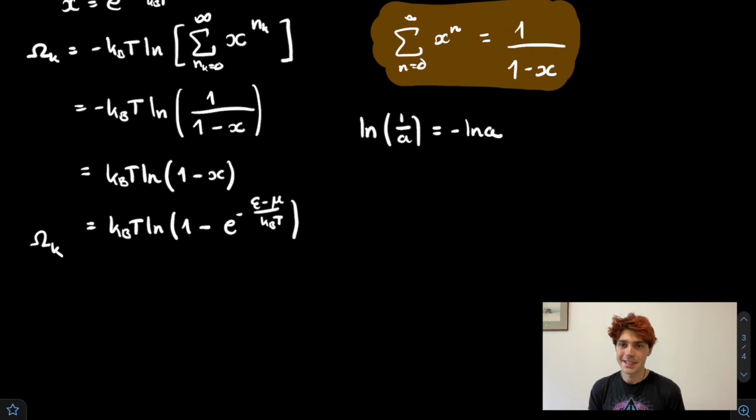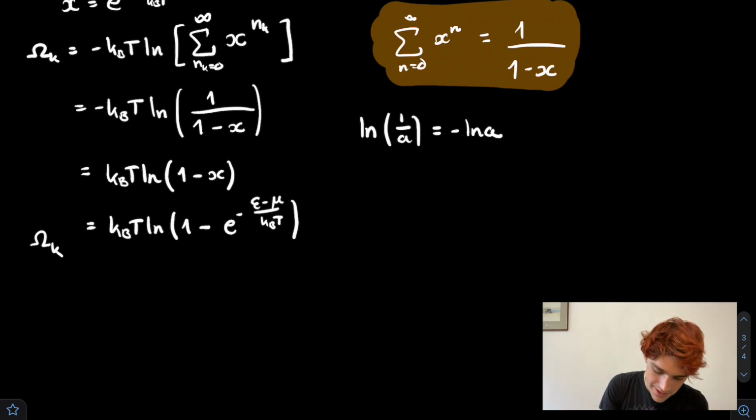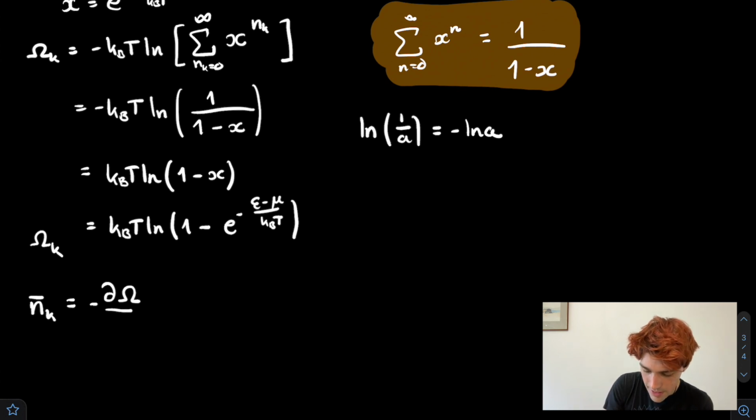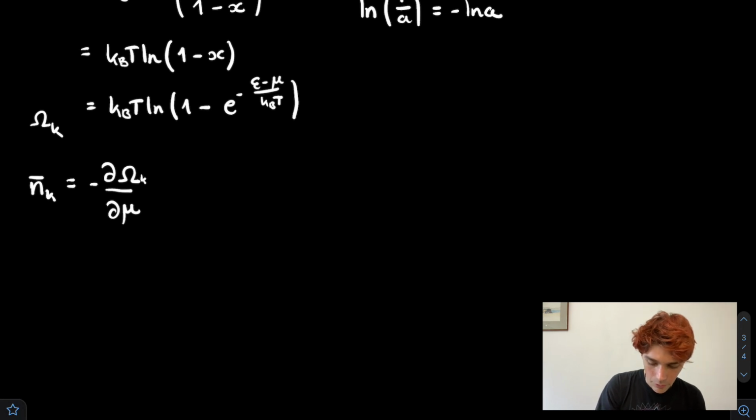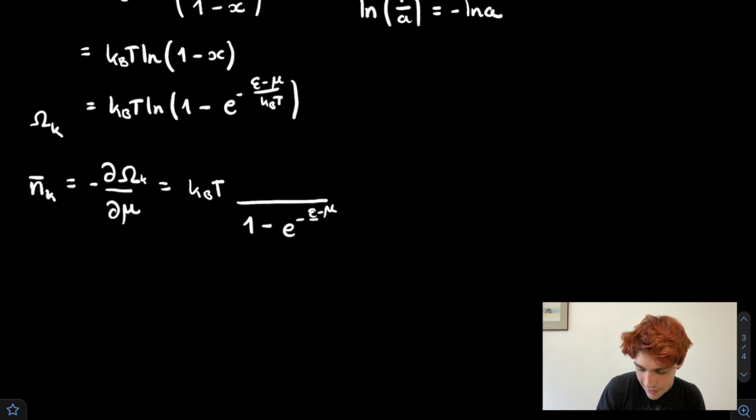And what we're going to do now is exactly the same as before. We're going to differentiate to get the average occupancy. So our average occupancy n is minus the derivative of omega with respect to the chemical potential right there. So just like how it was before. So when we do this derivative again, the kBT is going to be a constant, so we're not really going to care about that. And again, we're differentiating a log function, so we're going to get a denominator of 1 minus e to the minus epsilon minus mu over kBT.